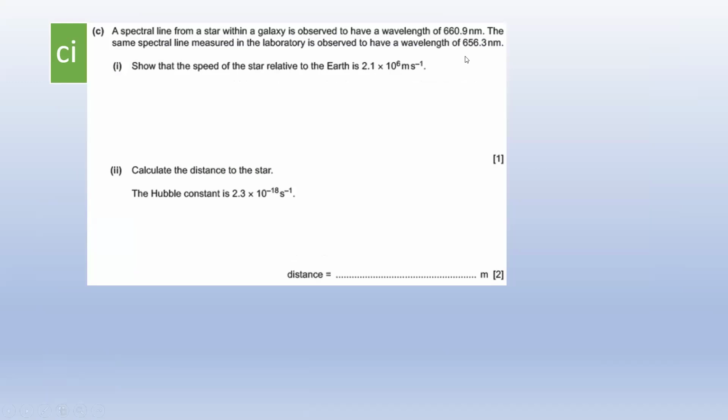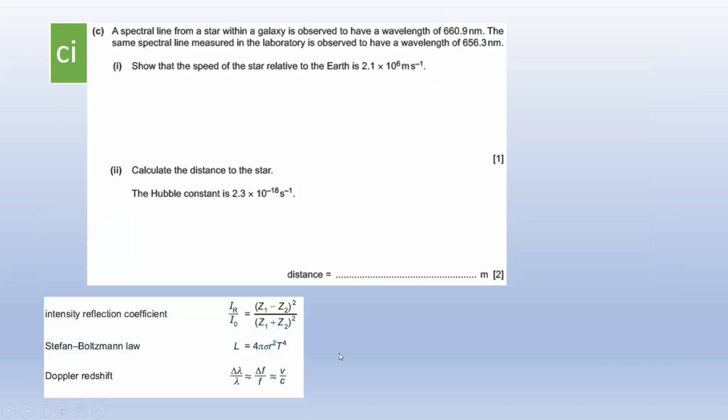A spectrum shining from the star within the galaxy is observed to have a wavelength of that. And the same spectral line measured in the laboratory is observed to have a wavelength of that. Show that the speed of the star is that one there. So you just go to your formula, if you can remember, good. If not, this is the formula.